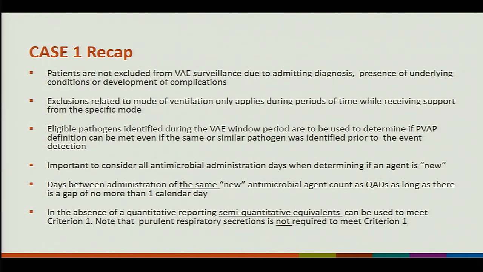Pathogens identified outside of the window still are used if they're identified in the window. It's important to consider all of those agents that are antimicrobial agents that are administered outside of the window, those 2 days, when you're using that, because that contributes to meeting the new antimicrobial agent definition.